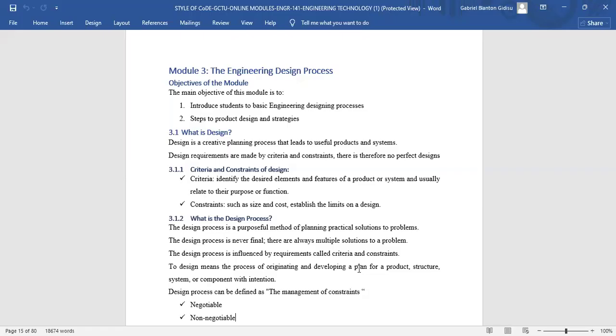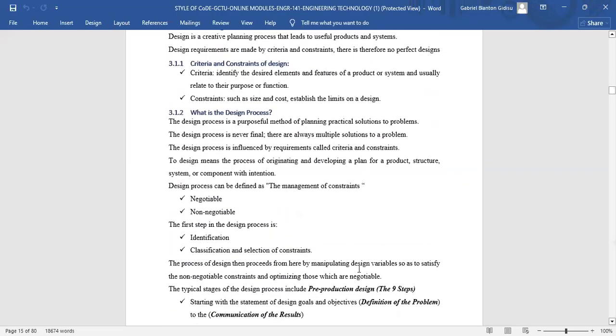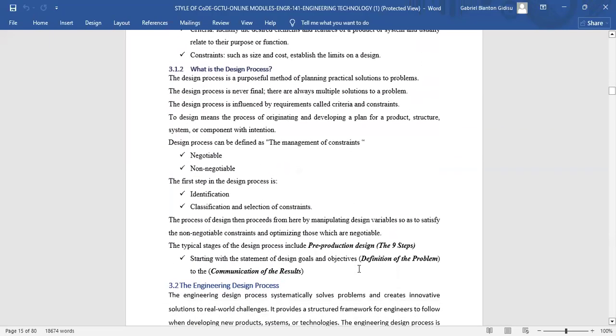The design process can be defined as the management of constraints. Under it we have negotiable and non-negotiable constraints. The first step in the design process is identification. You need to identify the problem, then classification and selection of constraints.